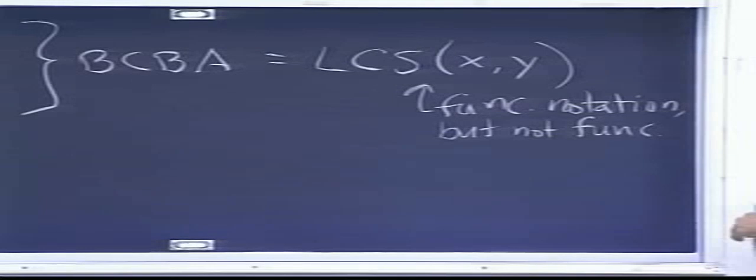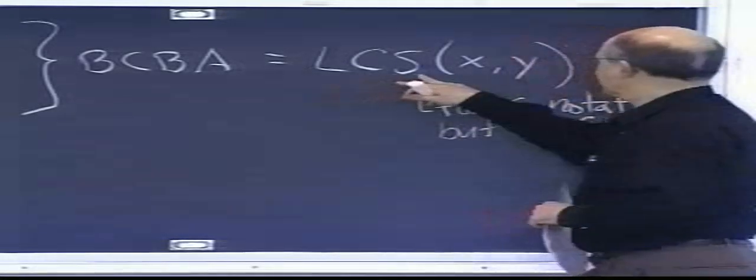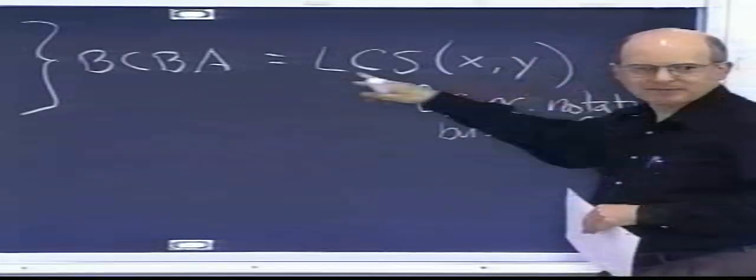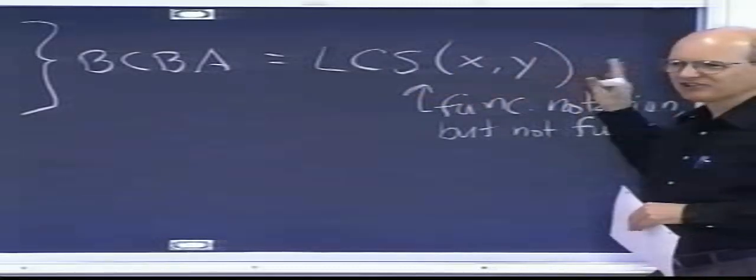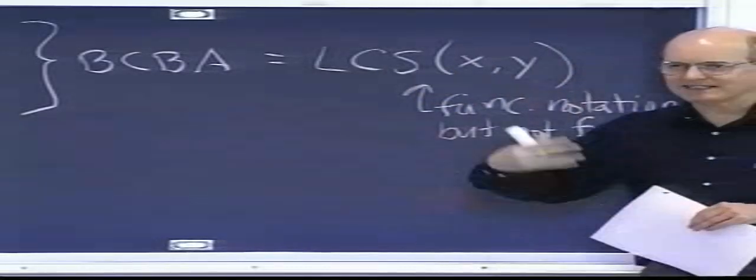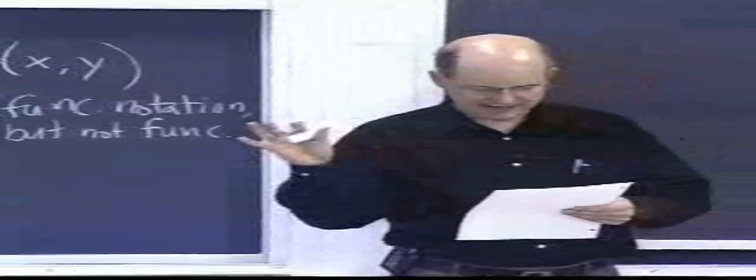We can say BCAB is a longest common subsequence, but there may be other things that are a longest common subsequence as well. So I'll abuse the functional notation a little bit here, because it makes the math and English a little more compact. But everywhere we want to be very careful that we don't assume that it is the longest common subsequence, because there may be more than one, as we noticed in this example.